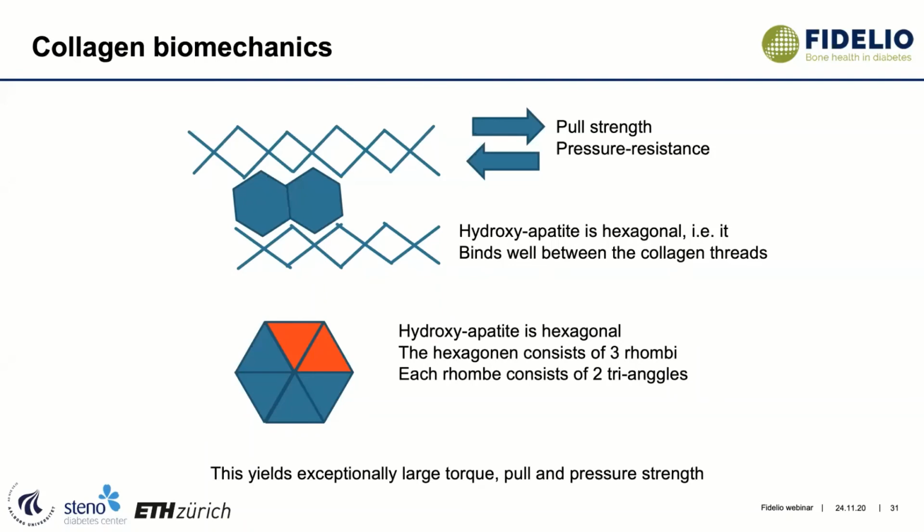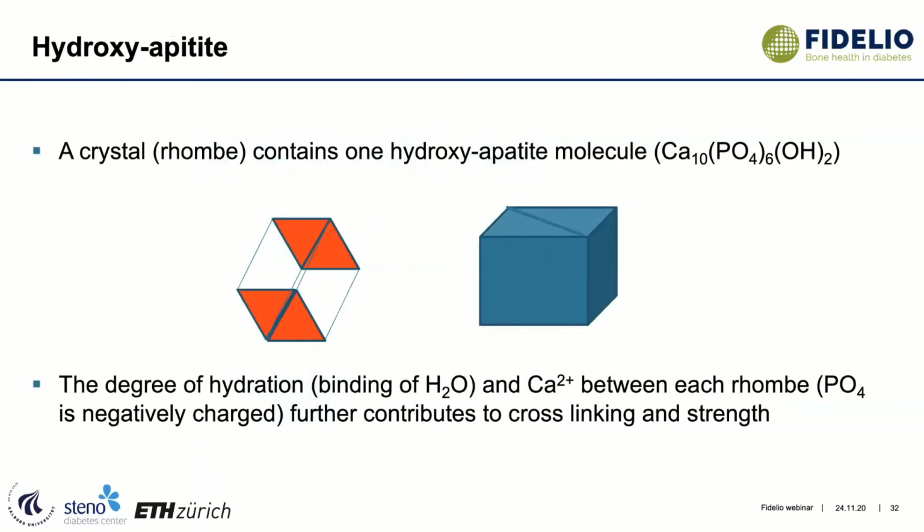And this again gives a very high both pull and pressure strength. So now, if we go down the pyramid, there could be something about the bone biomechanical competence that you, from the basic research side, could contribute to explain why there is this increased fracture risk, although the bones, perhaps even in type 2 diabetes, may look good if we put them in a DEXA scanner. Next slide, please.